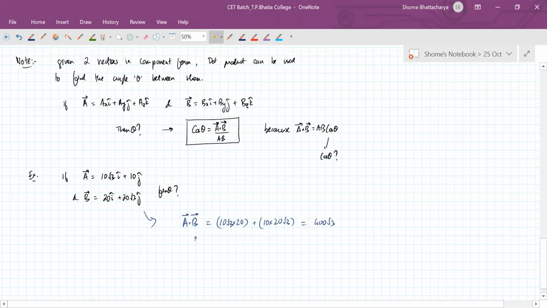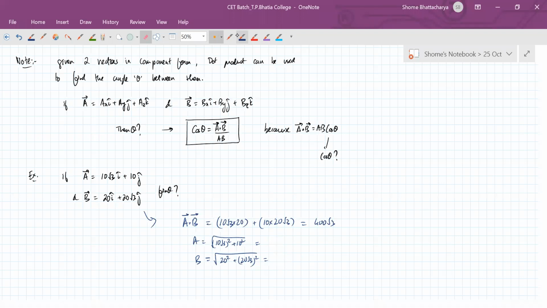Okay. Magnitude of A, you can see, is 20. Magnitude of B, you can see, is 40. I must say 20 and 40 respectively.